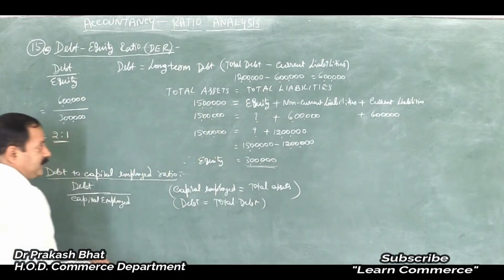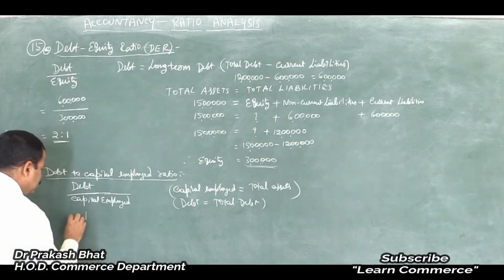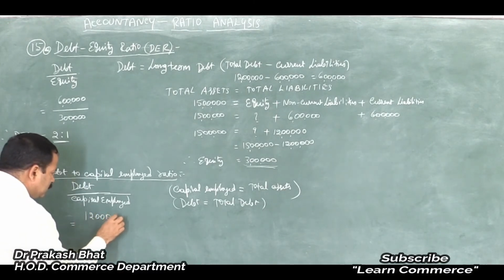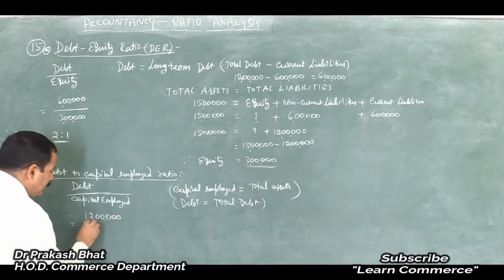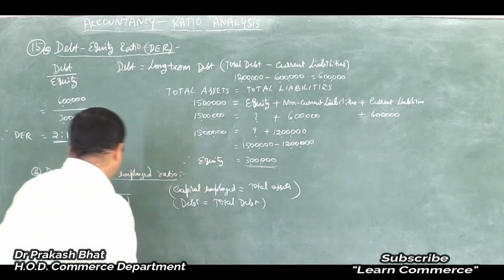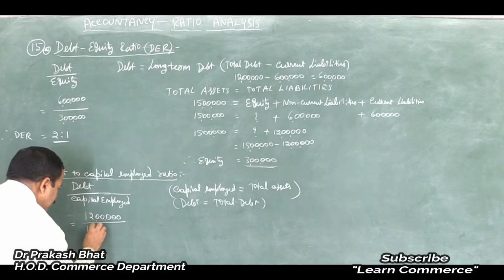So debt is 12 lakh. Substitute the figures: 12 lakh divided by the total assets, 15 lakh, right?